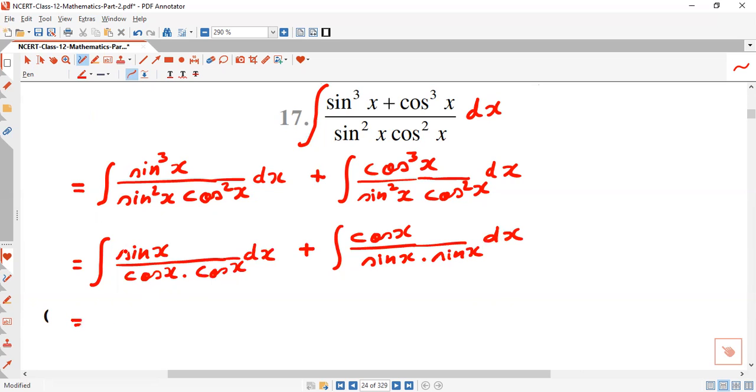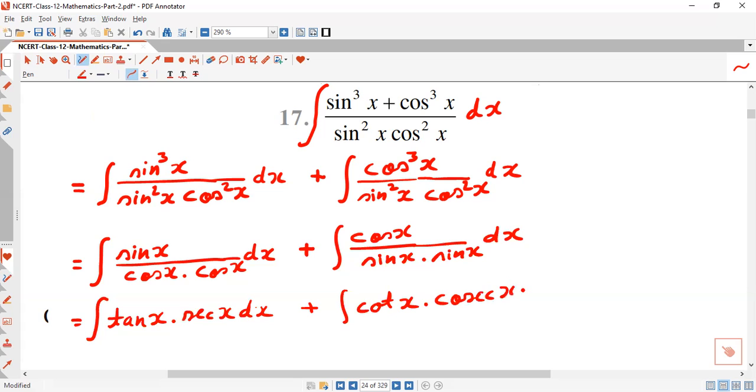You know sin x upon cos x equals tan x, and 1 upon cos x means sec x. This becomes cot x, and 1 upon sin x becomes cosec x dx.